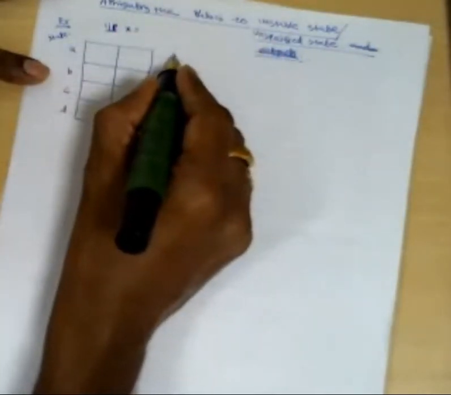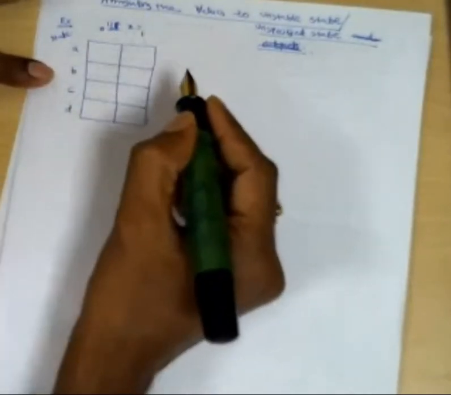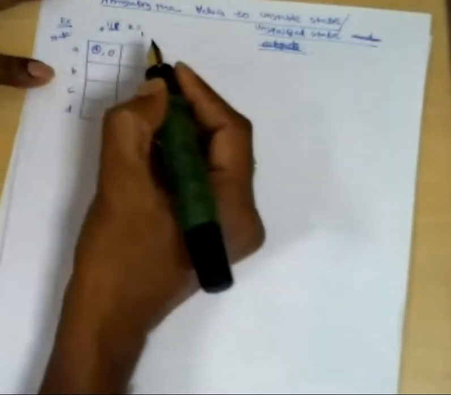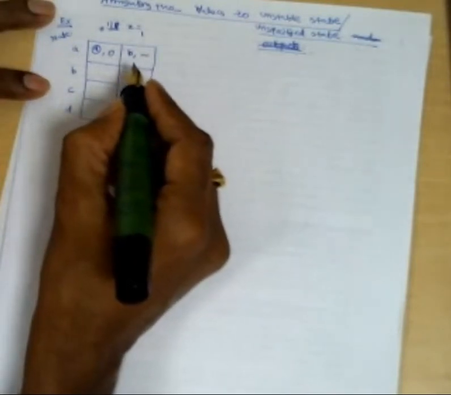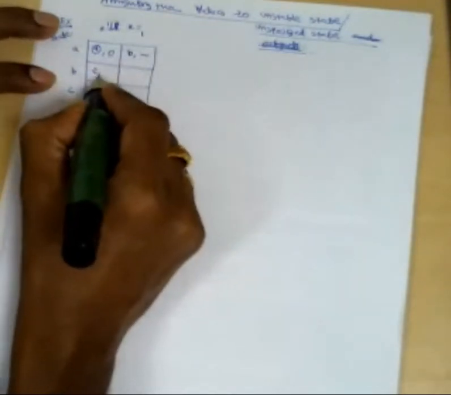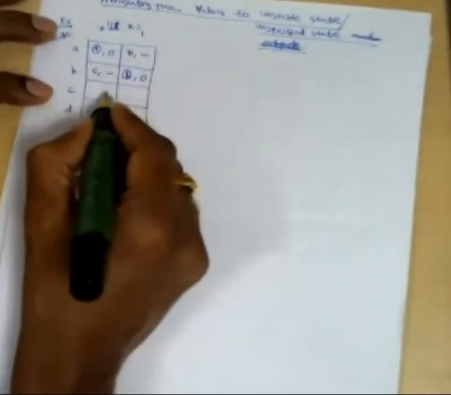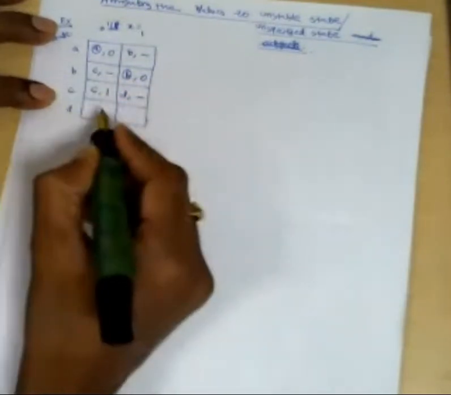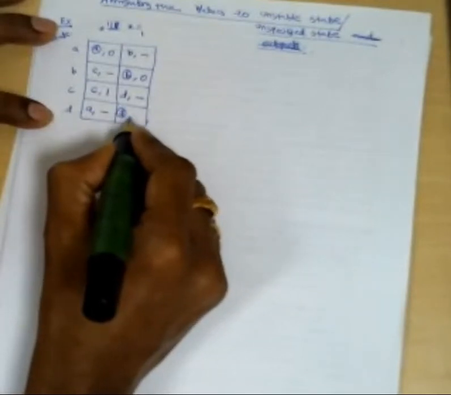If two inputs are there, then 0, 0, 0, 1, 1, 1 will come. The entries are A, 0; here B, dash. Dash means unspecified output. B means C comma dash and B comma 0. C comma 1, D comma dash. A comma dash and D comma 1.